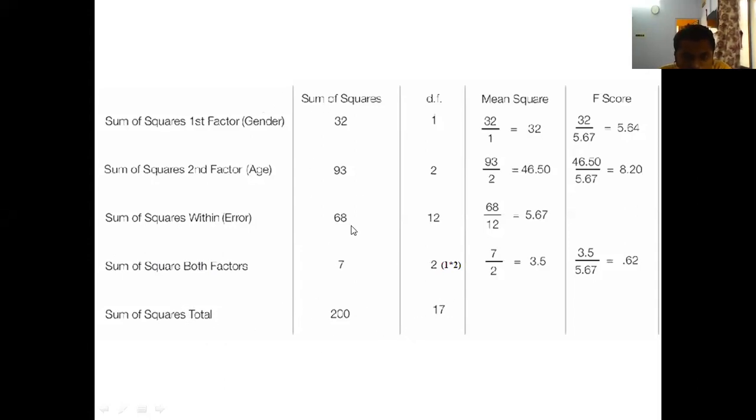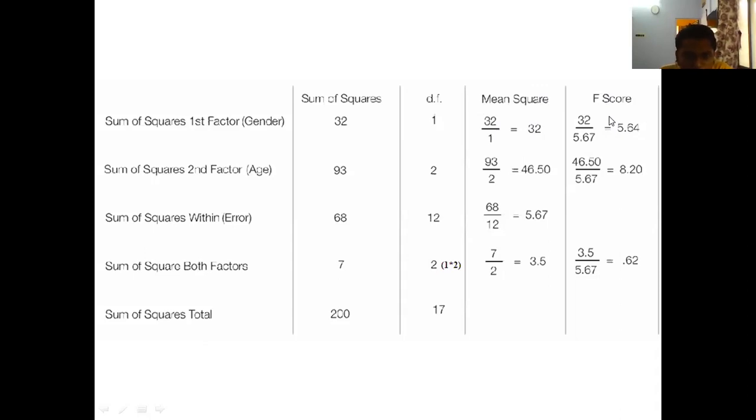The columns are sum of square, degrees of freedom, mean square, and F score. You can compute the F statistic in two ways: by the ratio of the variance or by the ratio of mean square, because mean square and variance both represent variation. So you can use either variance or mean square to determine the F score.